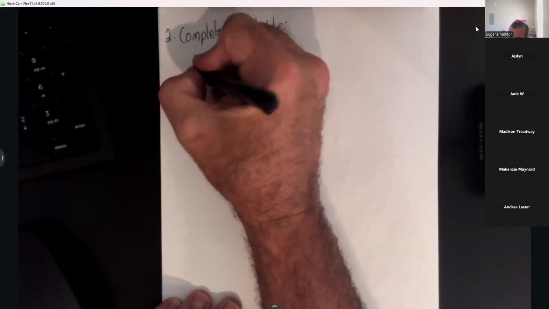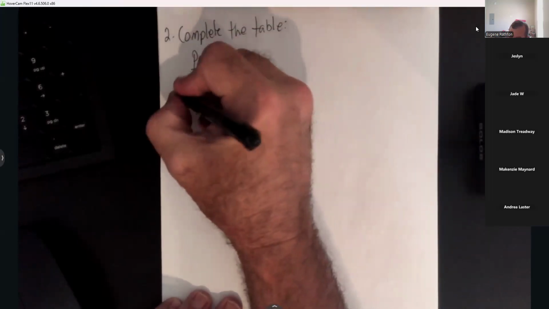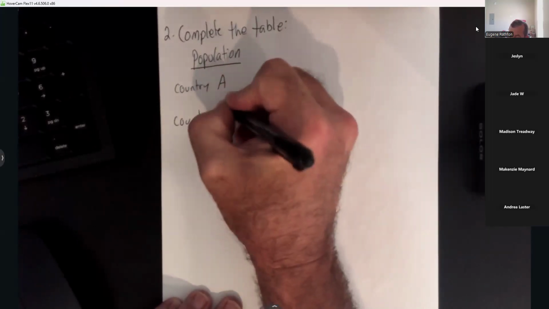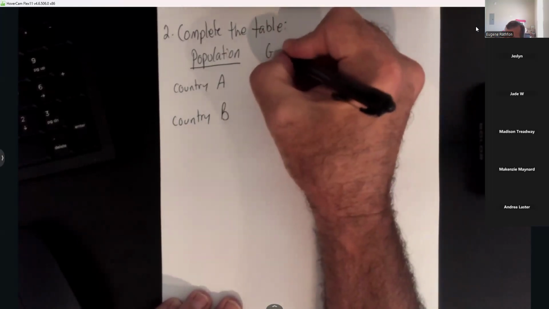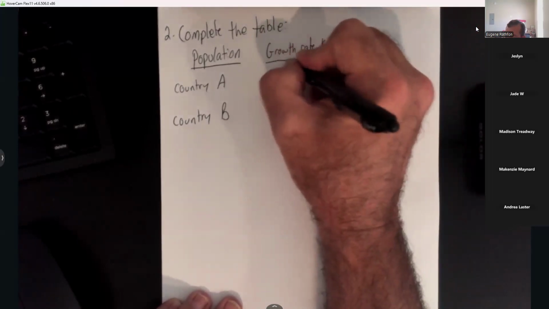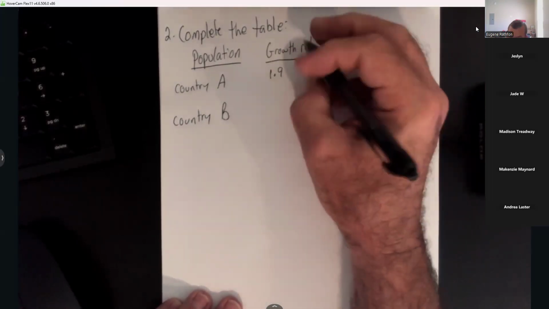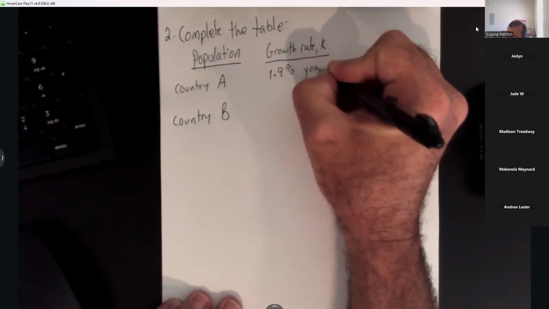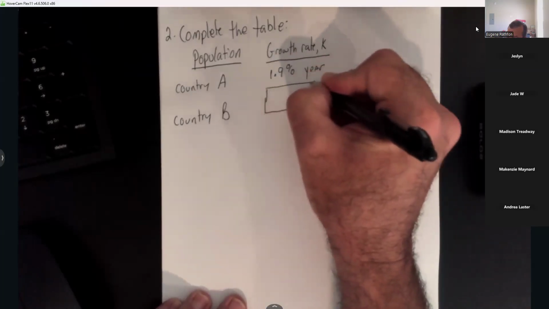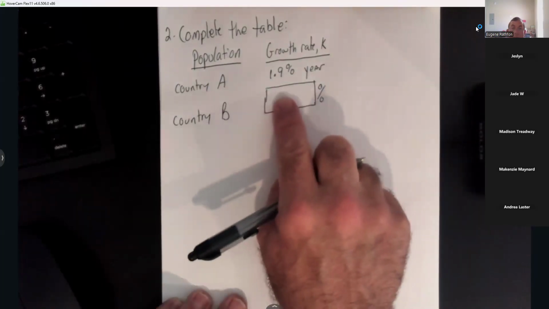On this top table, they got population in the first column, and they got country A and country B. The next column is the growth rate, K. On the growth rate for K, A has 1.9% per year, and country B has a box there. So we're going to find country B's growth rate in a second.